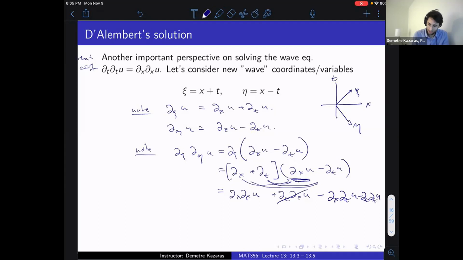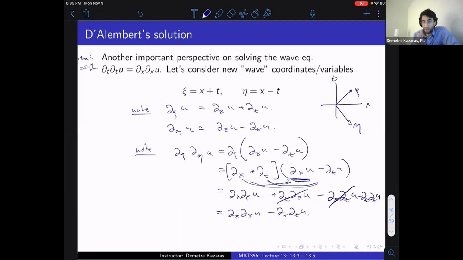And what happens? Whoa, we get a cancellation because derivatives commute. Partial t then partial x is the same as partial x then partial t for a function of two variables that's sufficiently smooth, which it potentially will be. So what we get is just partial x partial x u minus partial t partial t u.